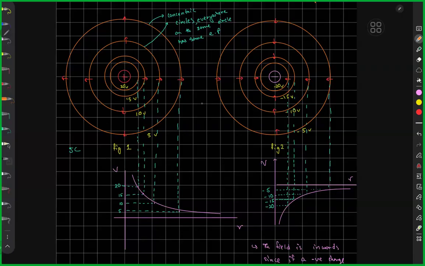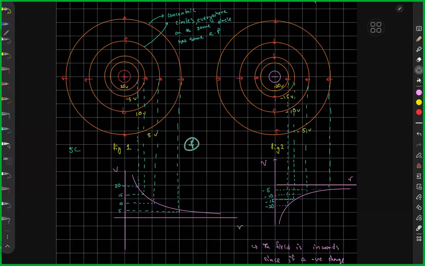So if I bring in a charge over here, right, it feels less force. So let's say I want to do 10 joule of work done, right? So I go through a larger distance to have the 10 joule of work done. Now I want to have another 10 joule of work done. I need to go through a smaller distance because the force has increased now.